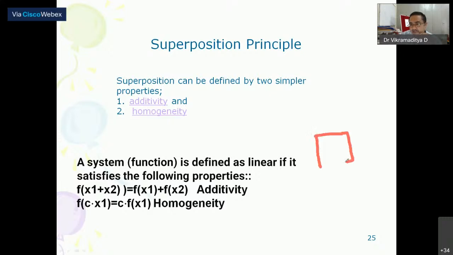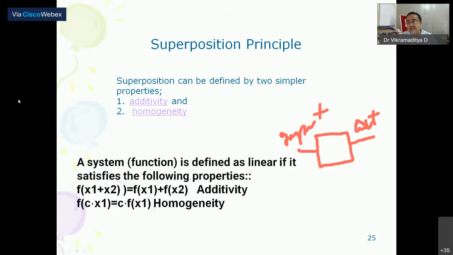Suppose this is any element. Now you apply an input to the element on this side, and on this side you take the corresponding output. I am simply writing it as out. This element will have a certain input, and for that input it will give an output.